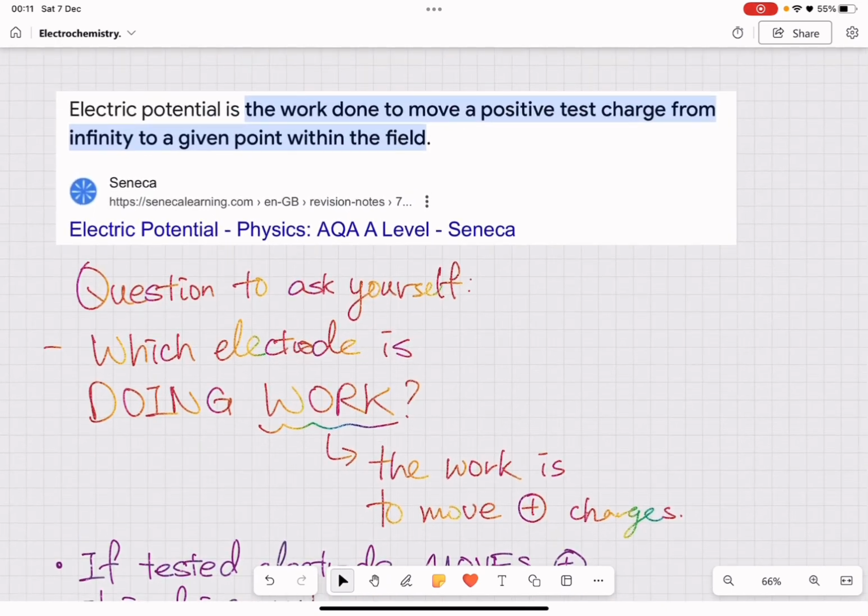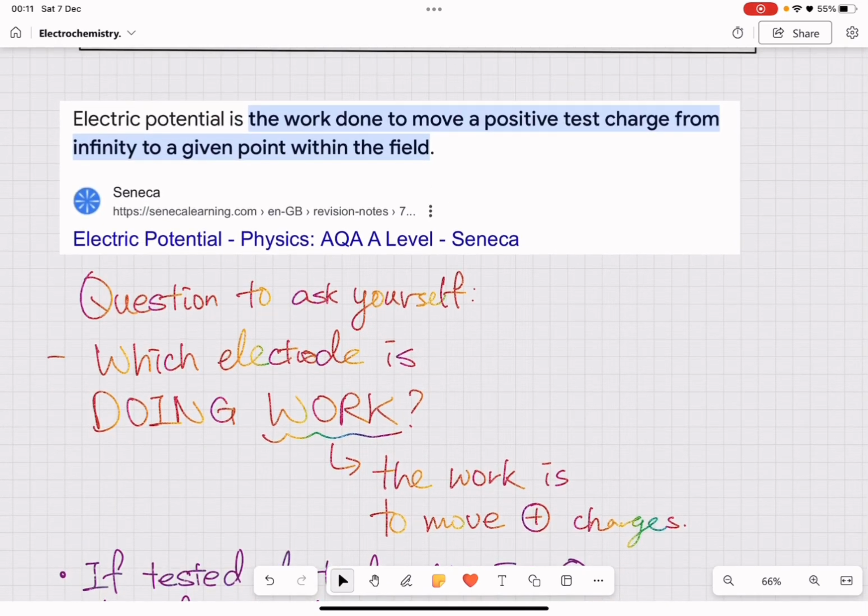But I just want to bring out this concept, which you will know if you study A-level physics. And I know you do study A-level physics, so just now we were talking about standard electrode potentials. That's basically electrode potentials, but in a different word.